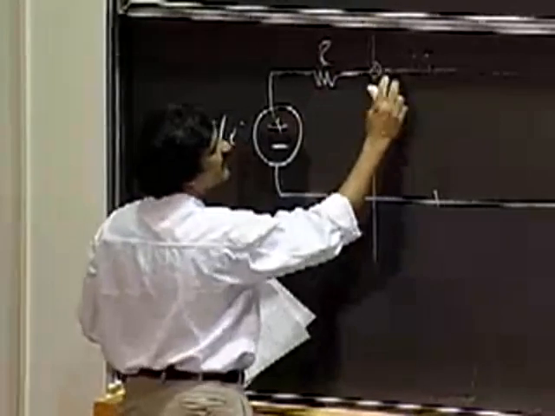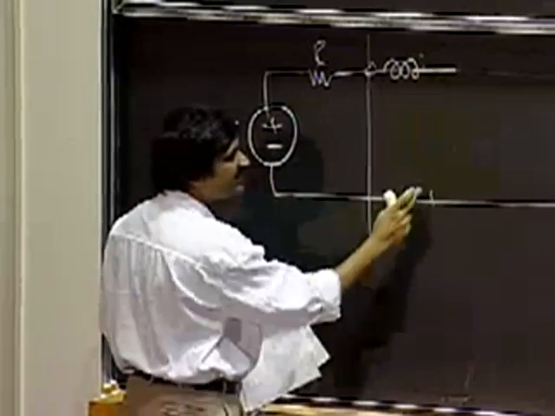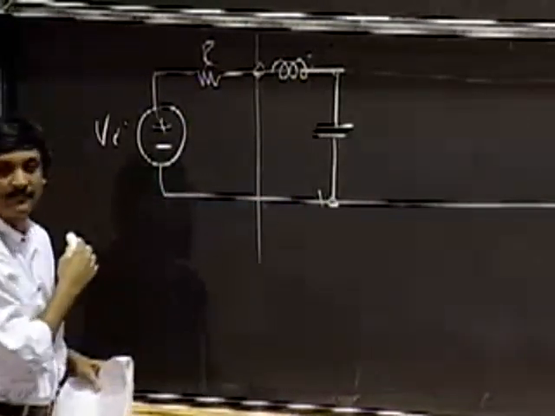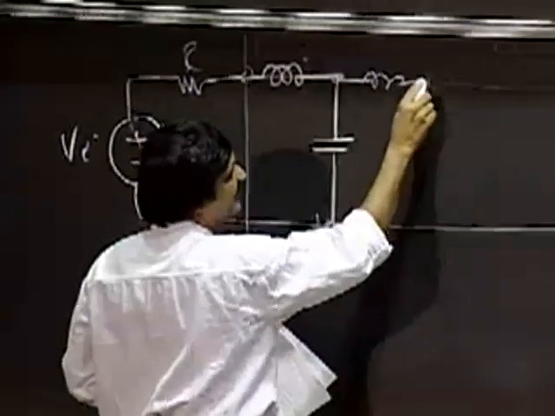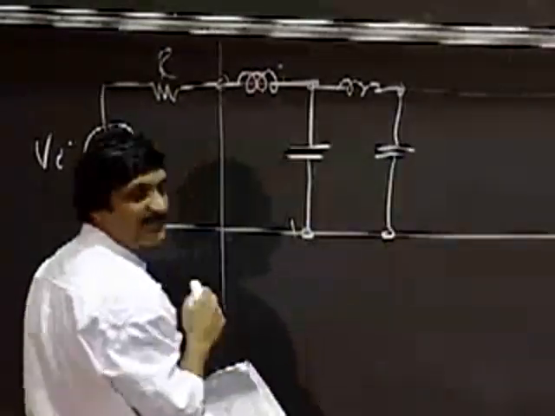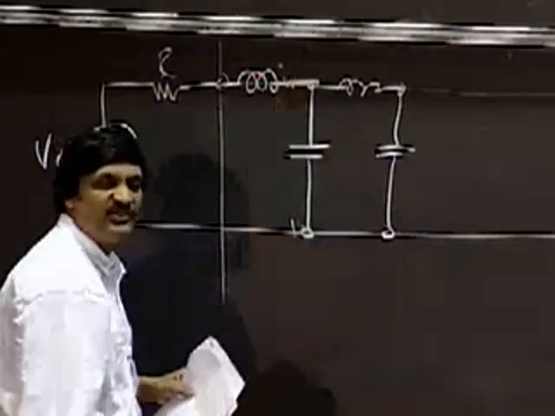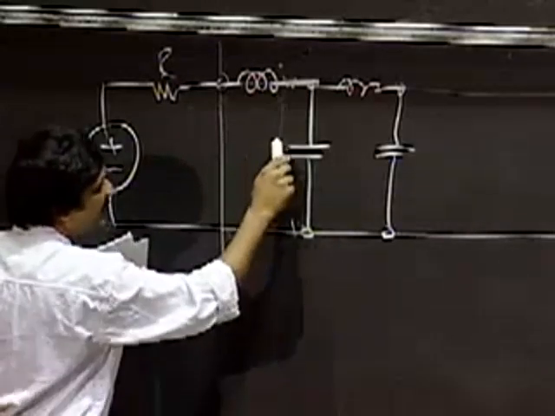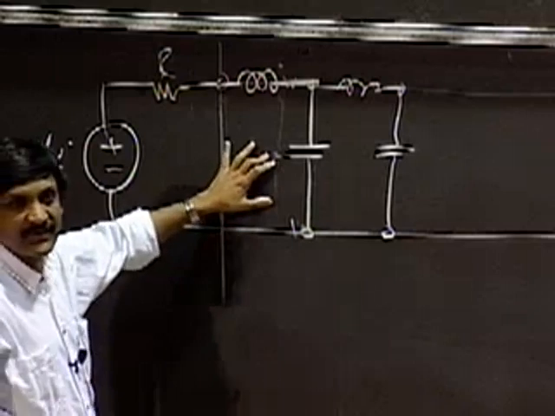So this small segment can be modeled as a really small inductance and a really tiny capacitance. Similarly, the next segment can be modeled as a tiny inductance and a capacitance. There is also a resistance here, but let's assume that the resistance is 0 for our model, and also the parallel resistance is infinity.